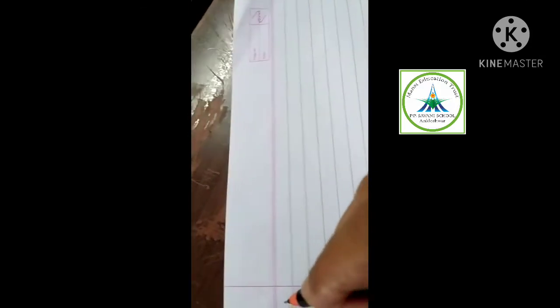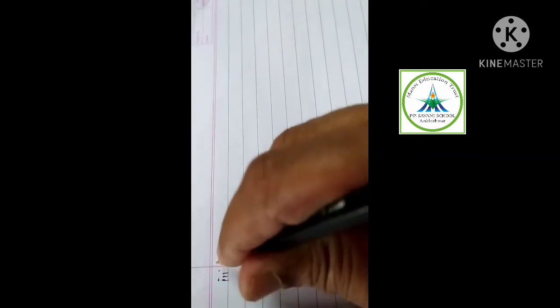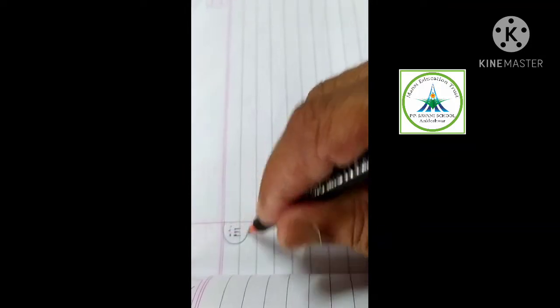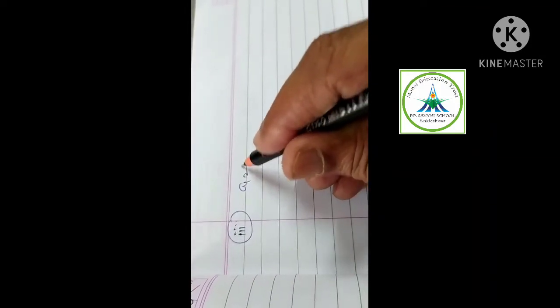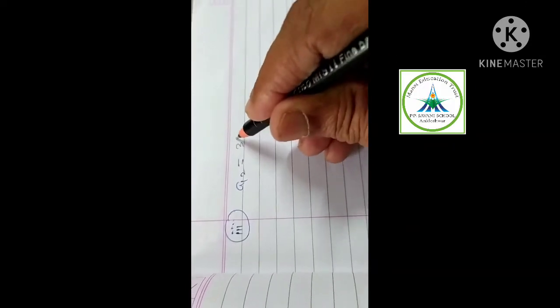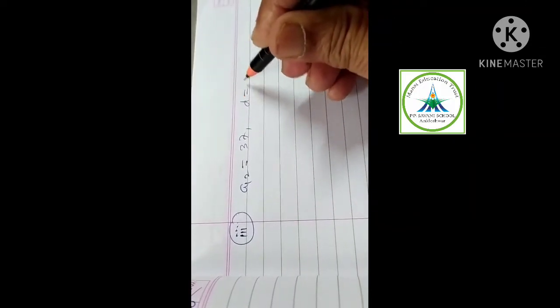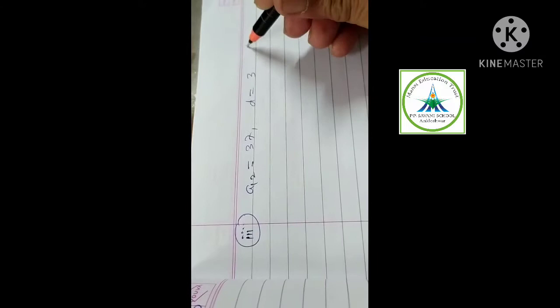Very good. Now see, I am taking the third part of example 3. See, third part. Okay. See what is given in the third part. a12 equal to 37, d equal to 3.